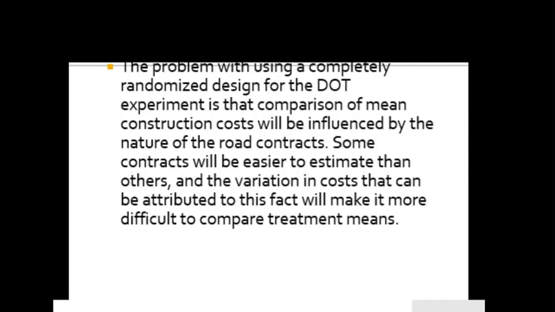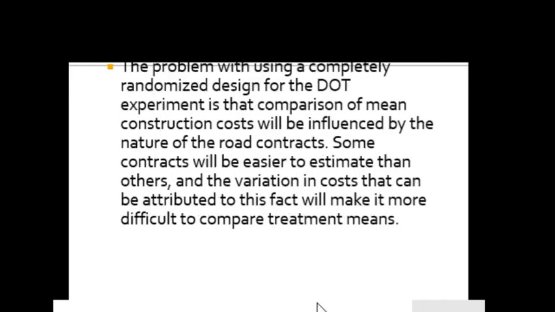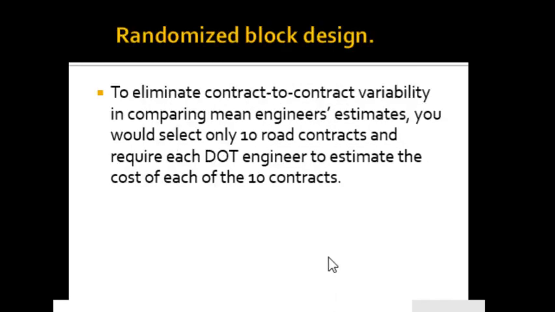So basically, if we randomly assign these contracts to these engineers A, B, C, and D, what we will see is that some of the contracts might be easier to estimate than the others, and there will be some which will be more difficult. So it will be hard to compare the treatment costs. Okay, so in this case, we will have contract to contract variability. Some contracts are easier, some contracts are harder.